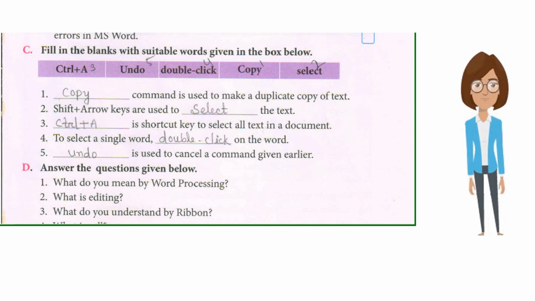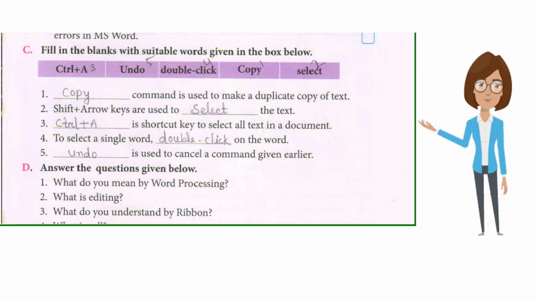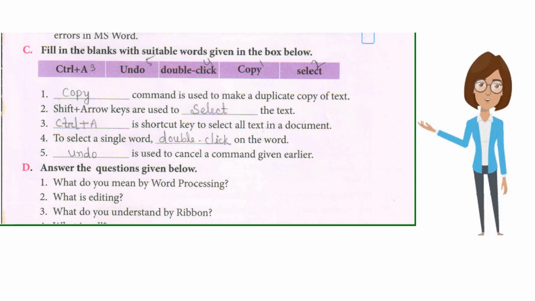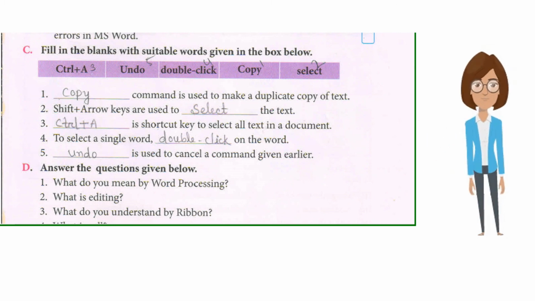Answer: select. 3. Dash is the shortcut key to select all text in a document. Ctrl plus A. 4. To select a single word, dash on the word. Double click. 5. Dash is used to cancel a command given earlier. Answer: undo.